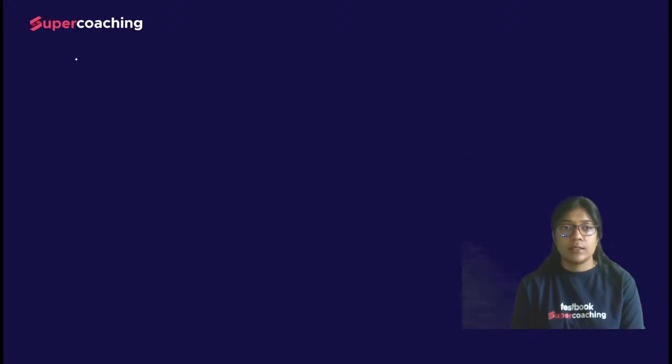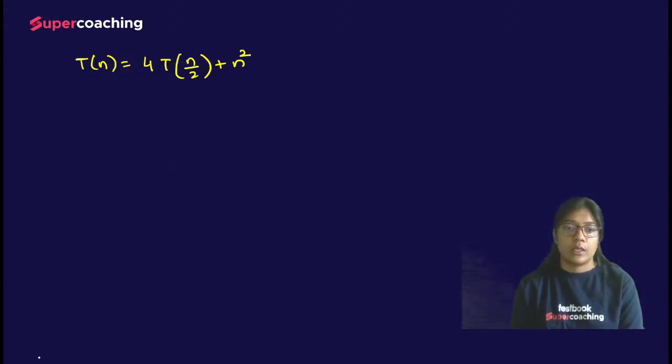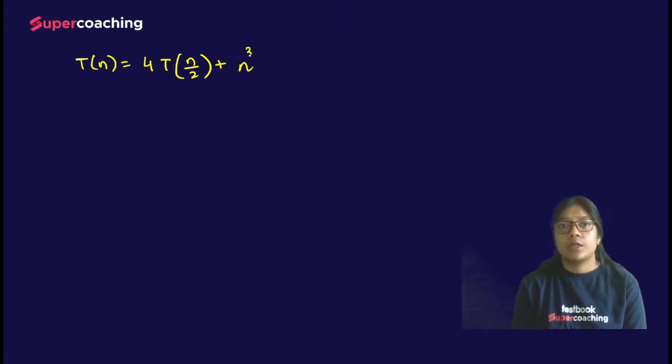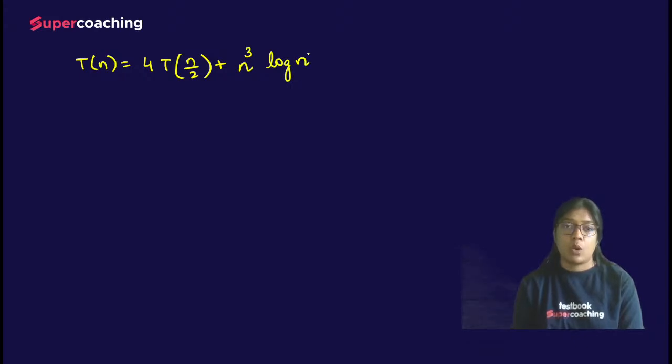Okay, next case. T of n is equal to 4T(n/2) plus n square. I guess we'll be getting the same case here. So let me modify this to n cube log n.